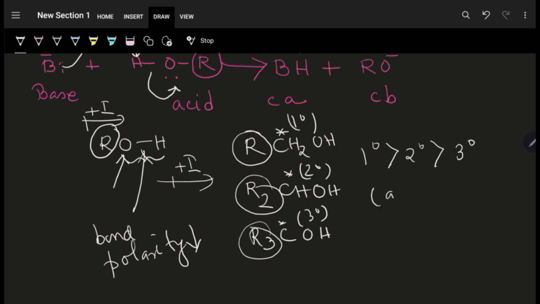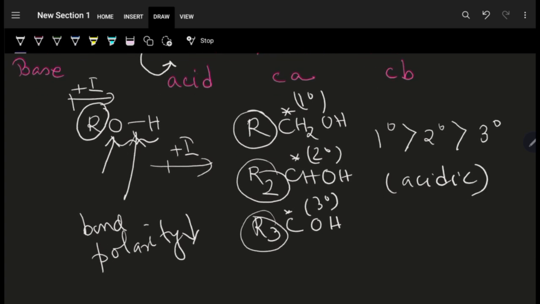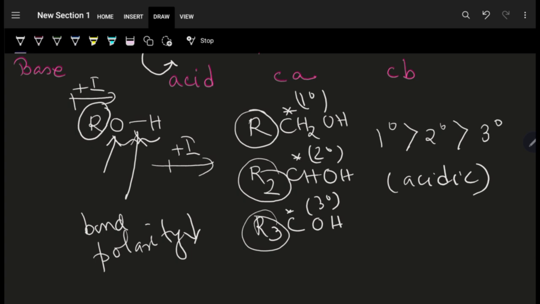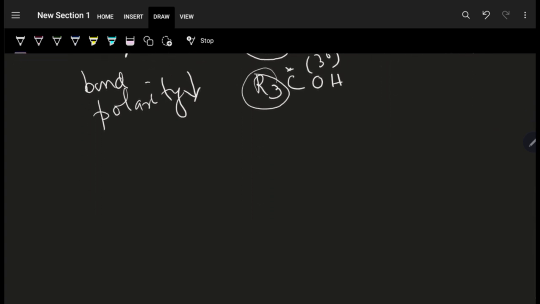This is the acidic nature of the alcohols. Why? Because the alkyl group present, the more the number of alkyl groups having plus I effect, it increases the electron density over the oxygen atom and hence decreases the polarity over oxygen-hydrogen bond.